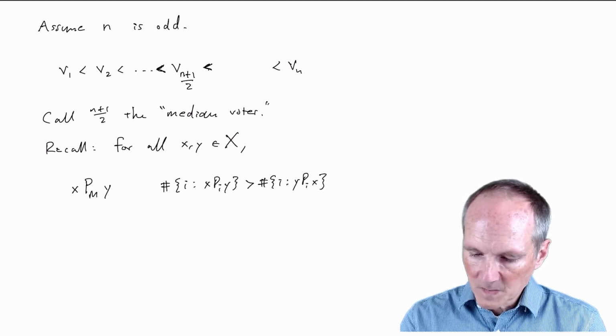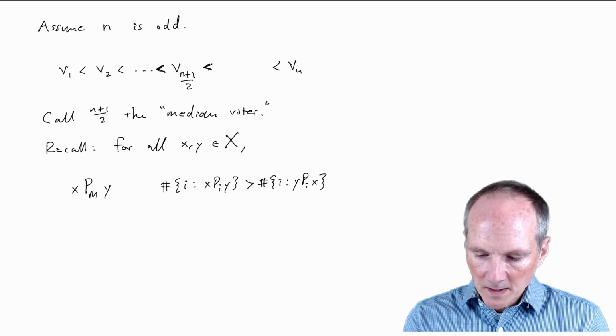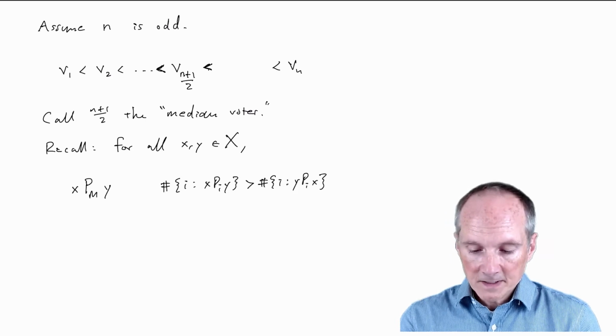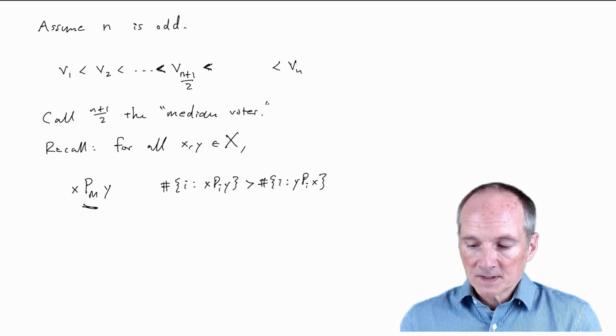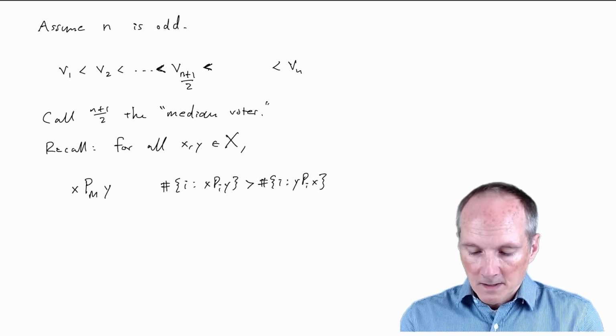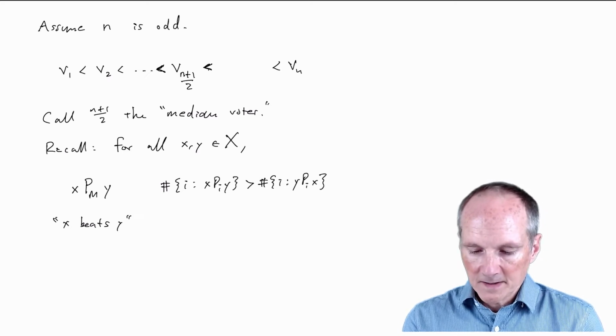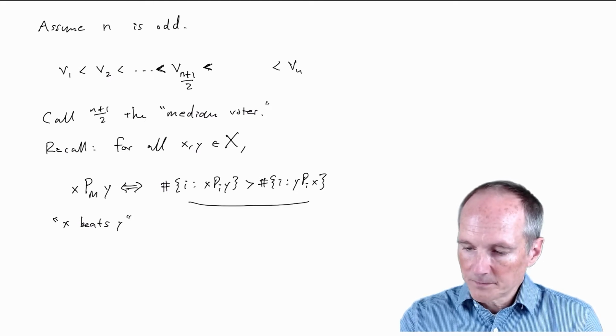Okay, so I'm going to define this in a formal way as a binary relation. It's this P with a subscript M. This basically means that x beats y in a majority vote, and we say that that relationship holds if and only if this inequality holds. Okay.